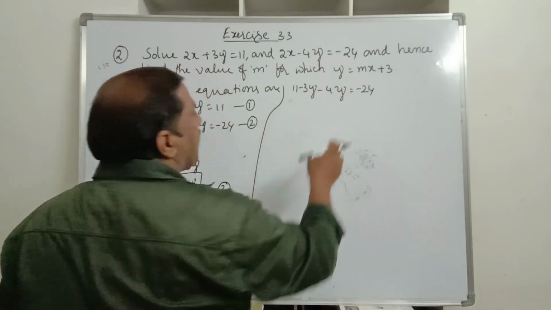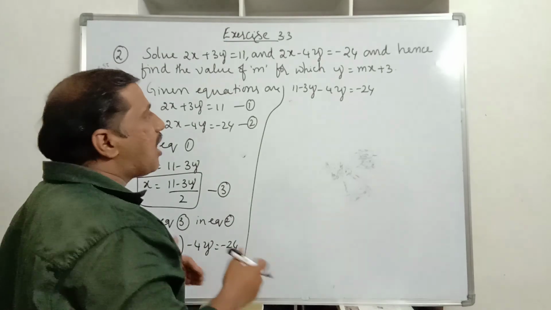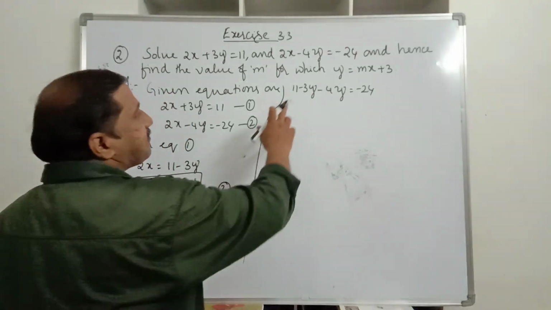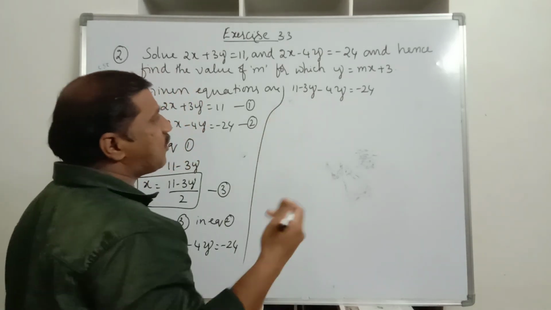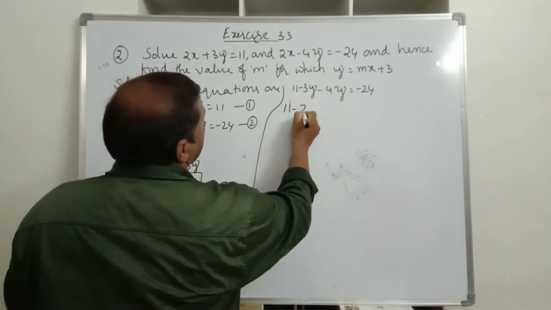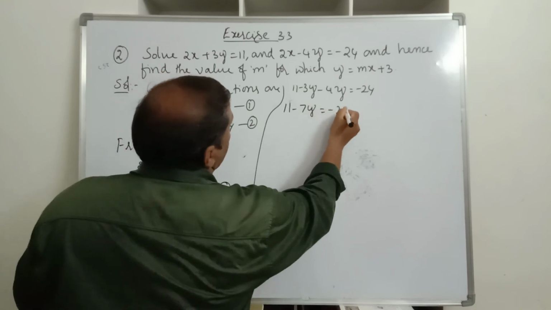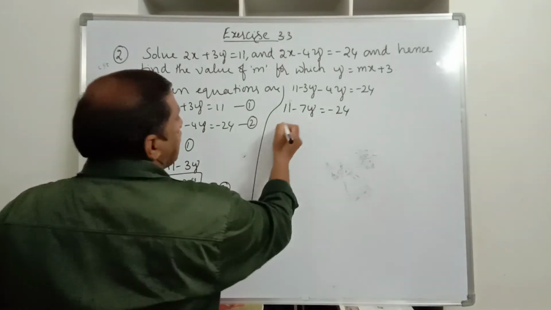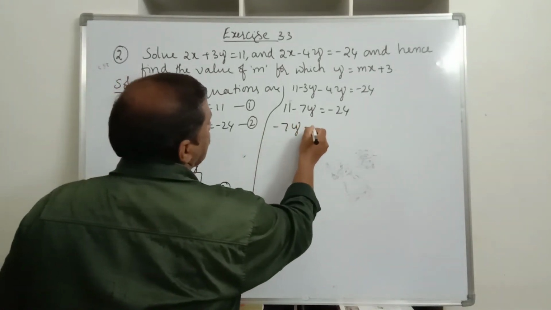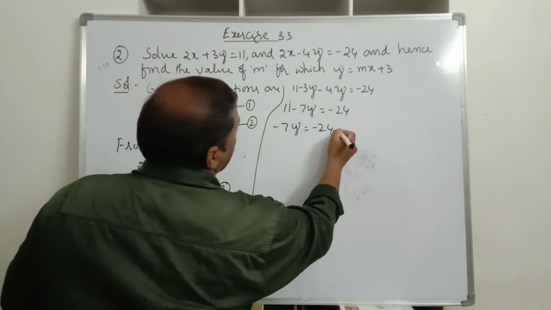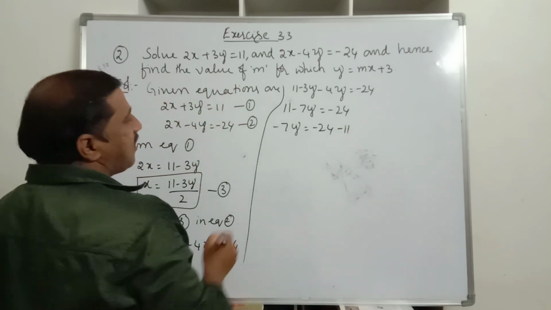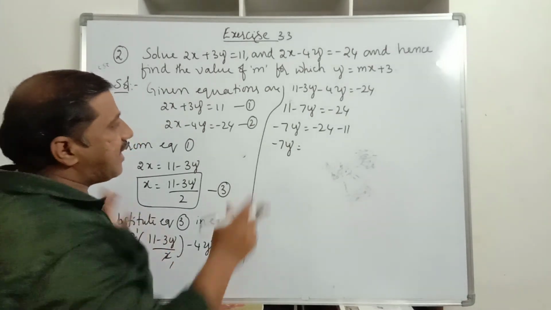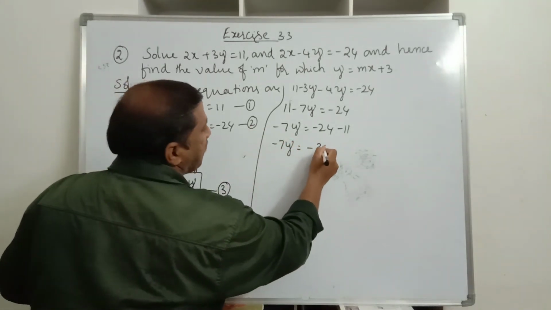Minus 3y and minus 4y are like terms. Add them: both have the same sign, so add the numbers and take the common sign. That is minus 3 minus 4 is equal to minus 7. Therefore 11 minus 7y is equal to minus 24. Now transpose 11 to the RHS, then it becomes minus 7y is equal to minus 24 minus 11, which is minus 35.